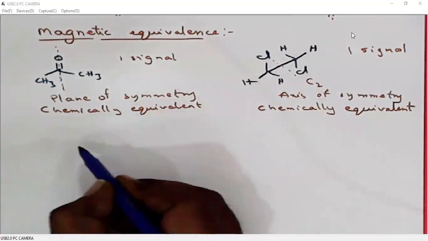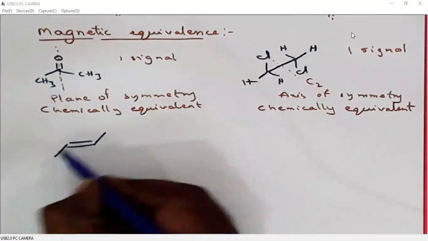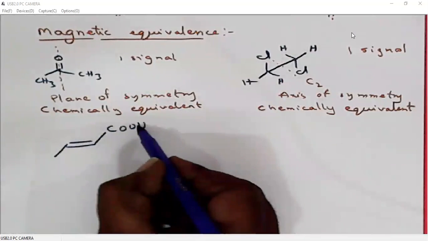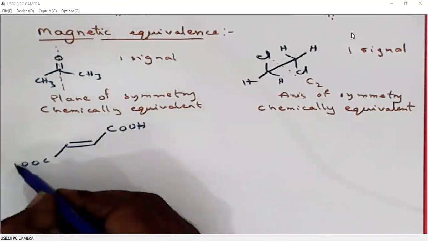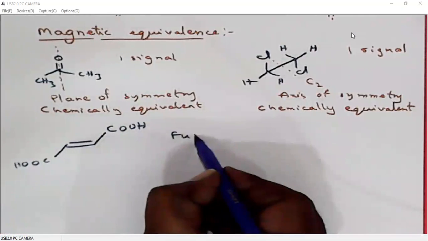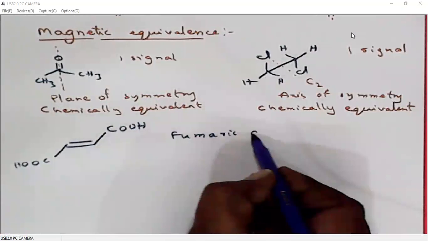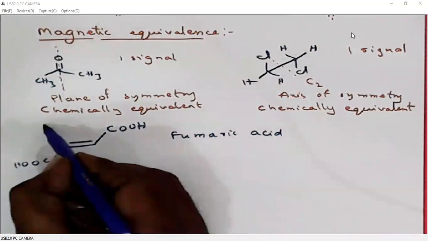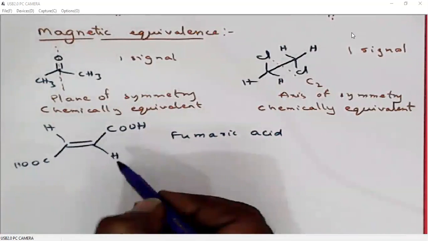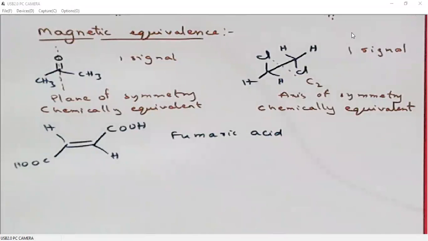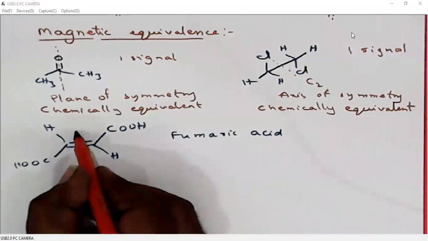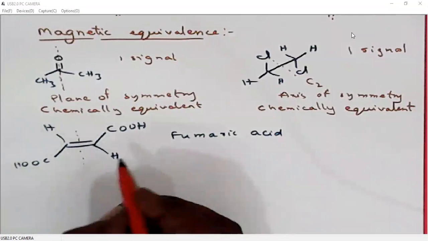Now look at this example. This is fumaric acid. When we look at this example, again we can go for an axis of symmetry C2.